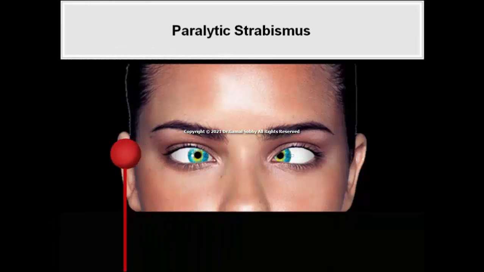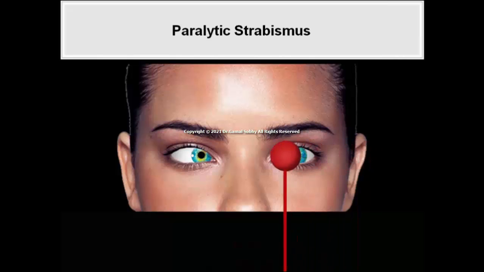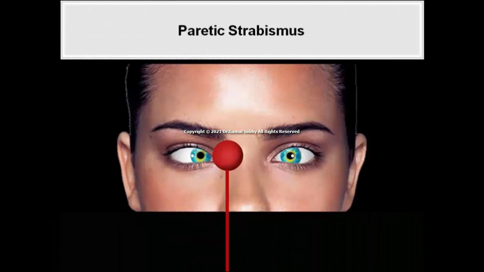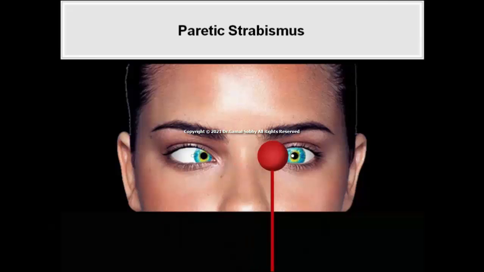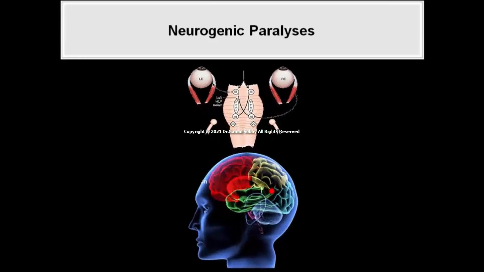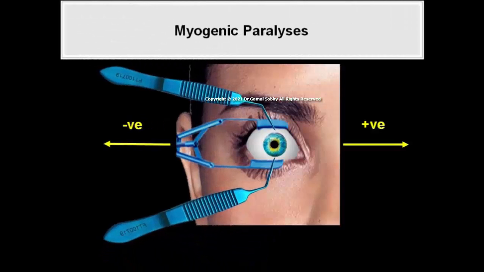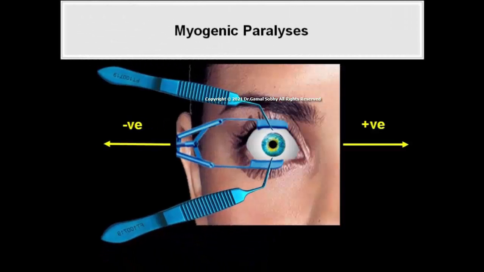If the action of a muscle is completely abolished, this condition is a paralysis or palsy. If the action of the muscle is impaired but not abolished, this is a paresis. Neurogenic paralyses of extraocular muscles may be supranuclear, nuclear, or infranuclear in origin. Myogenic paralyses result from diseases of the muscles themselves.